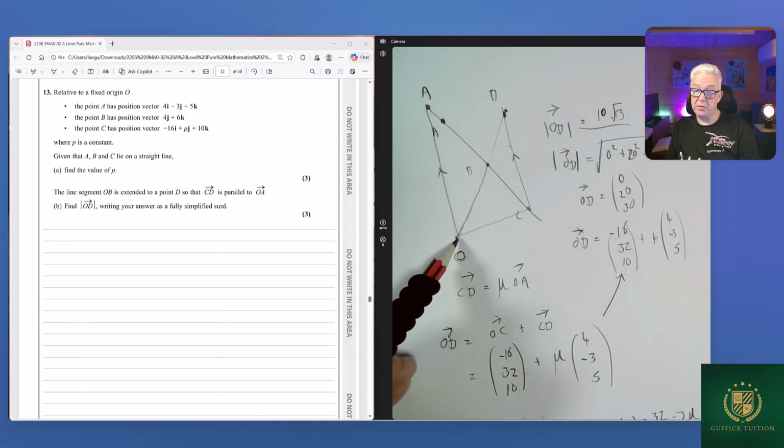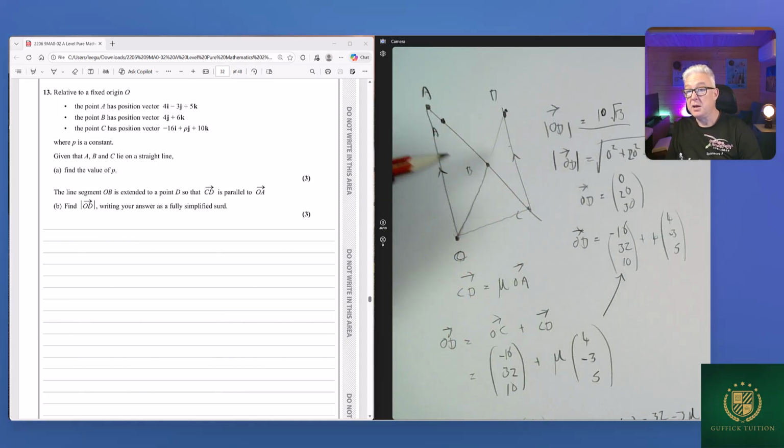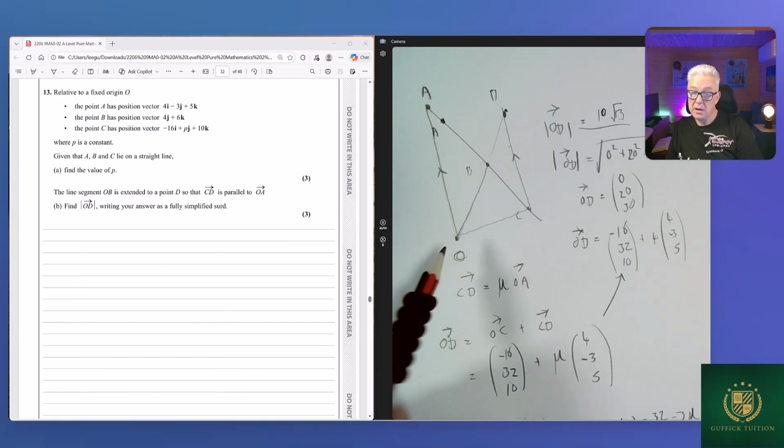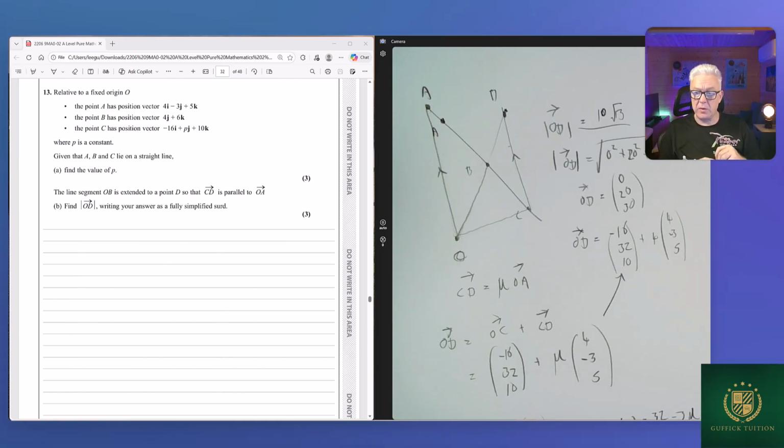What was a little bit different is that going up here was some multiple of doing that. That was a little bit unusual, and not something we've commonly seen before.